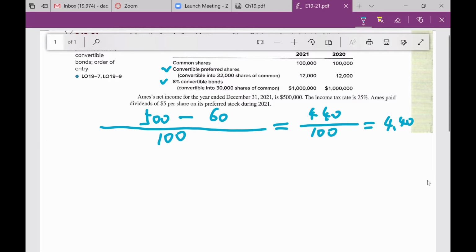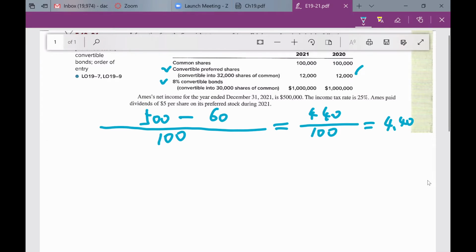So what we're going to do first is calculate the incremental effect for the preferred stock.